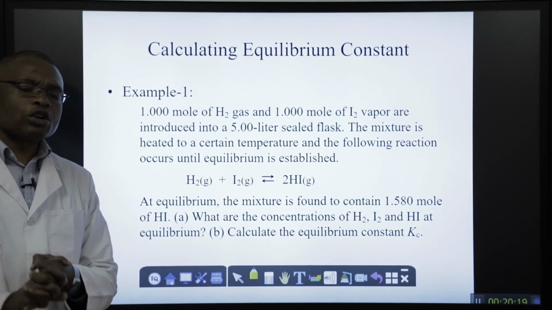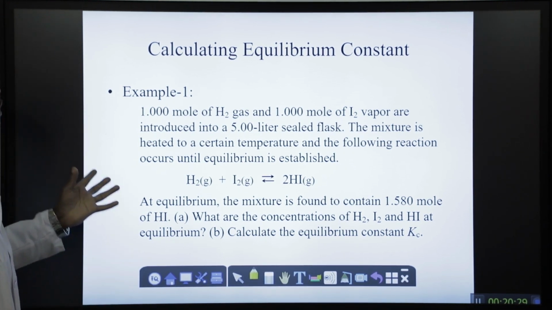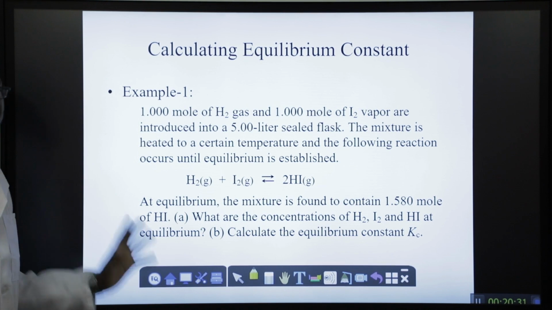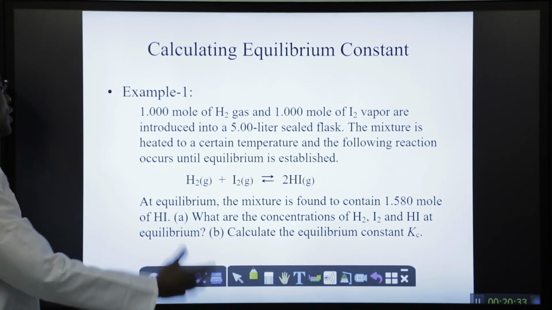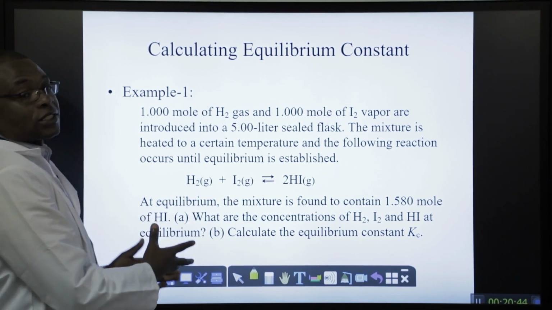Let's take a closer look at how we can carry out calculations involving equilibrium. Boys and girls, believe you me, this is every matriculant's nightmare: how you interpret the information you are given and how you make use of it. But I want to assure you that there is nothing so difficult about this.